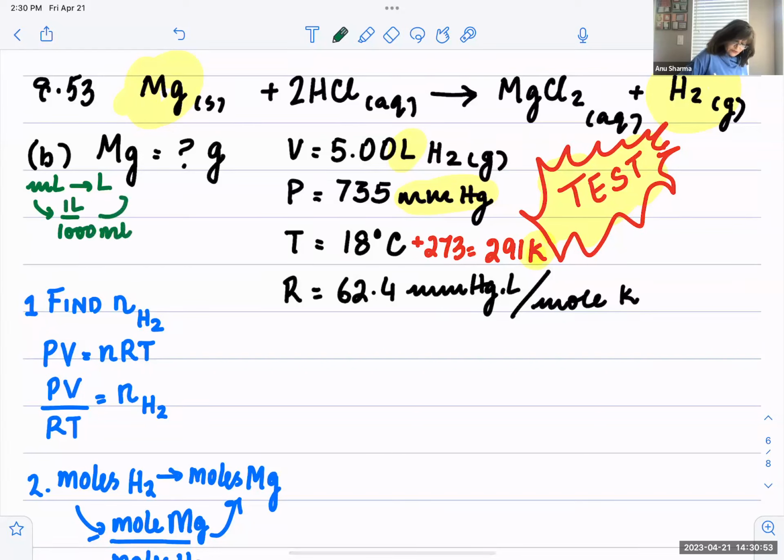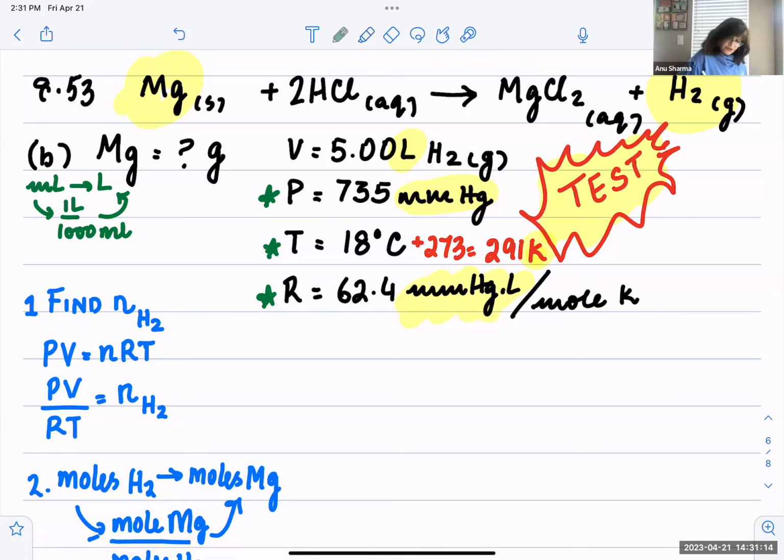So sometimes that problem can be there. Next thing is always convert the temperature into Kelvin, and the pressure and the R values should match as far as their pressure units are concerned.